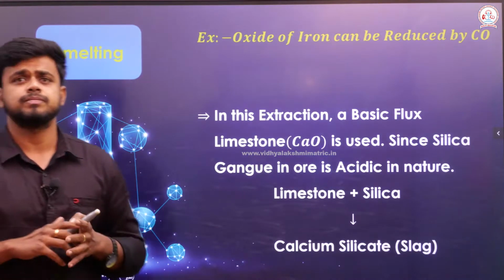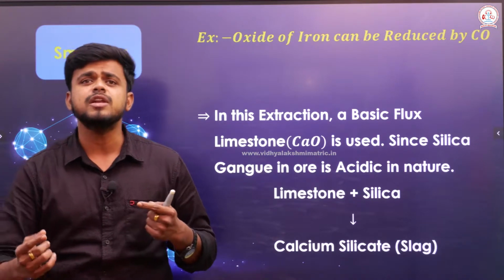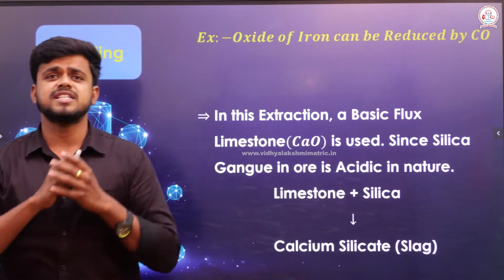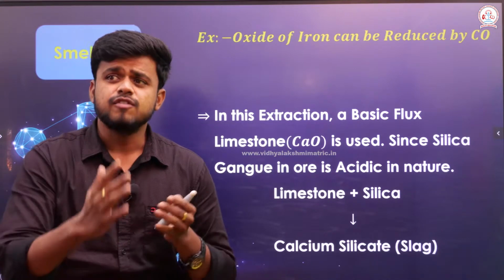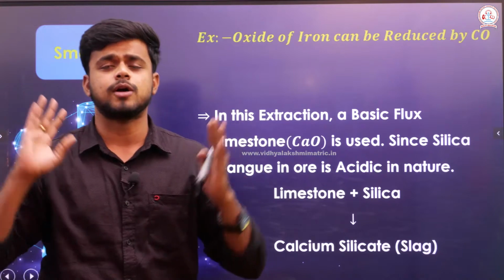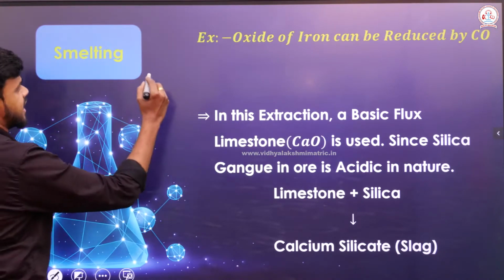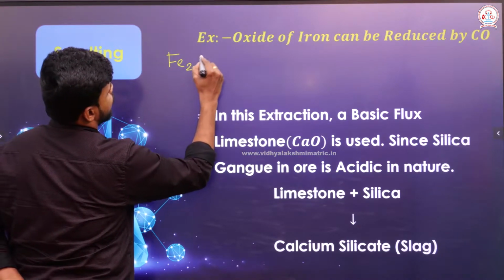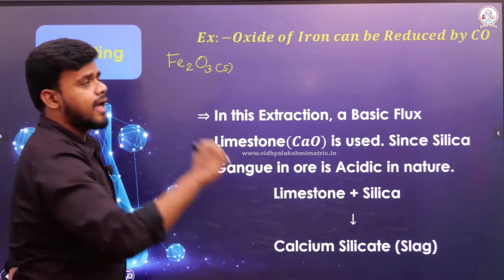Now we are ready to heat it. What actually happens there, we will be able to understand with the help of an example. Let me consider that I am going to separate iron from its oxide with the help of the reducing agent carbon monoxide. We'll witness it with the help of a reaction. Let me take Fe2O3, which exists as a solid.